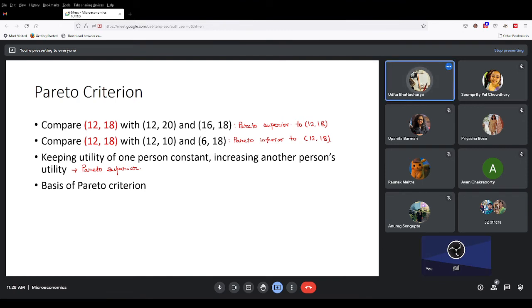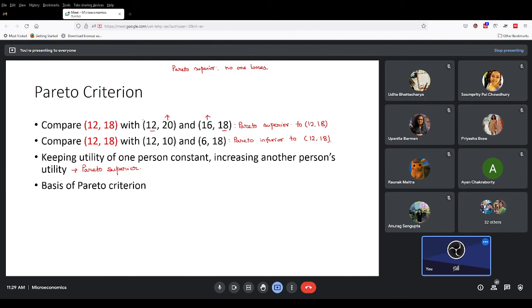Sir, Pareto optimal was there, now superior and inferior. Superior, what happens in this case? A's utility is constant. So basically, in the first case, A's utility is constant, but B is better off, and A is also not worse off. So in case of Pareto superior, no one loses.